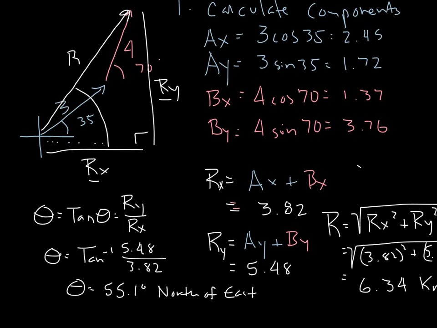So the final answer, if you're reporting it, would be 6.34 kilometers at an angle of 55.1 north of east. So I'm asking for more than just the magnitude, but also the direction.